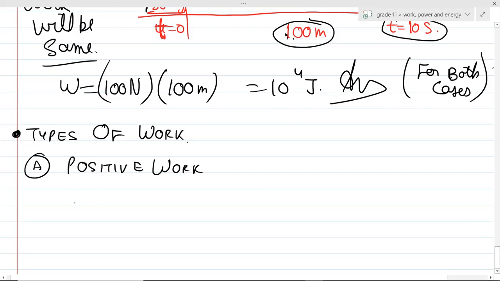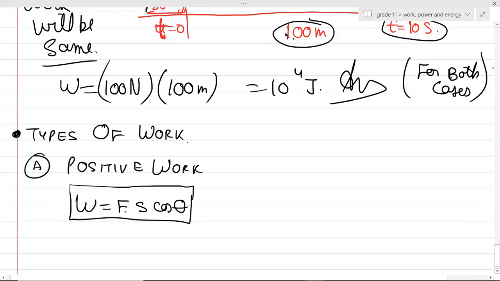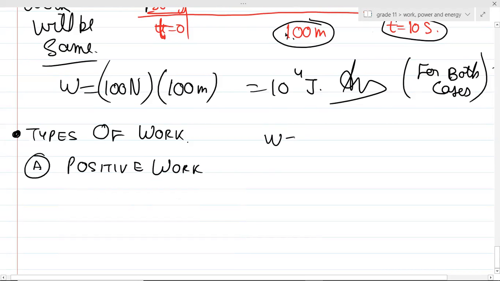We all know that work is equal to Fs cos theta. Here, F is magnitude, S is magnitude, and cos theta is basically the angle. Everyone knows this, no? Why are there three different types?